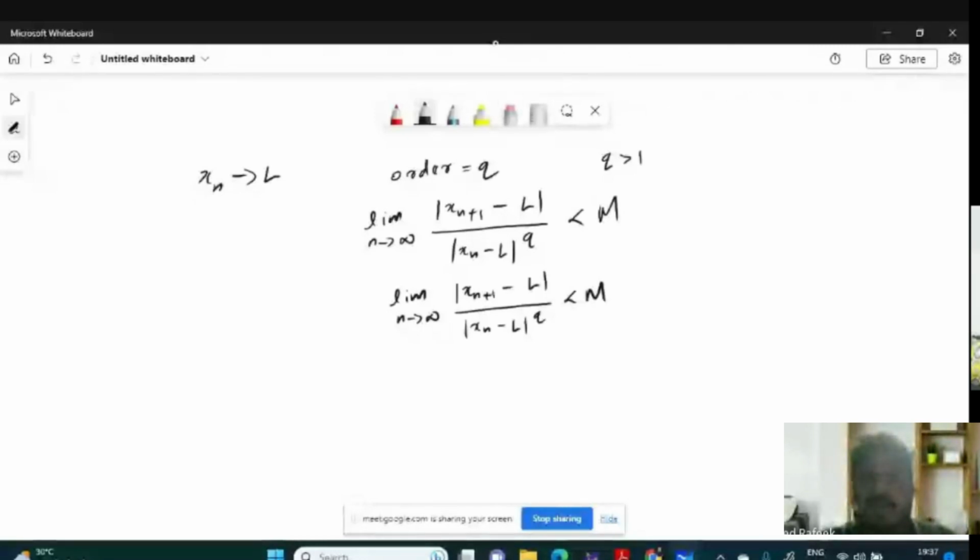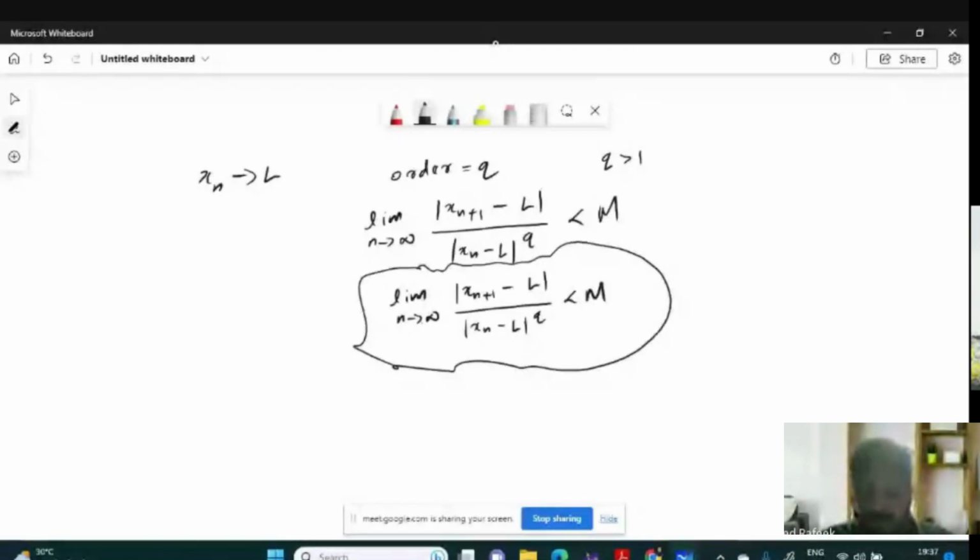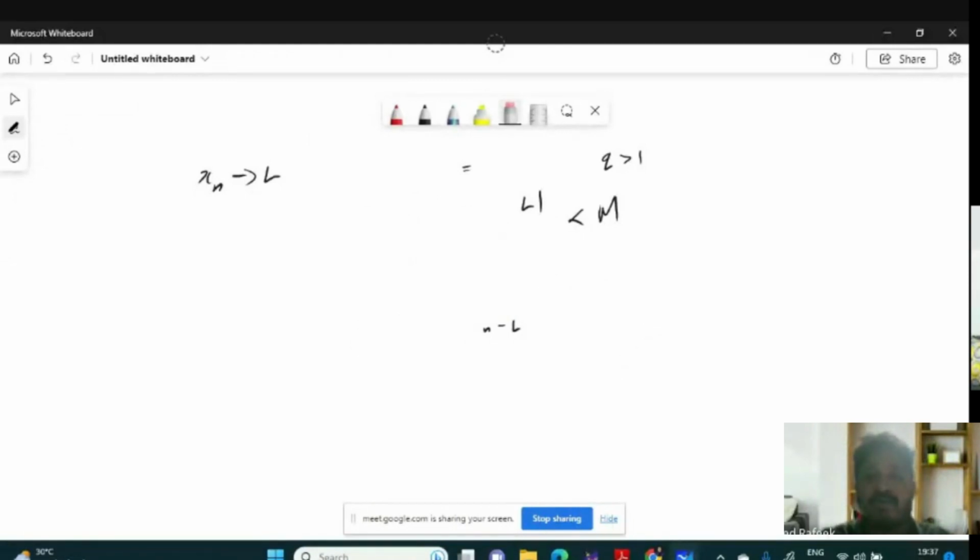This theory is clear. This is the condition. Here q means 2 only. Quadratic convergence is given. Okay, verified first.